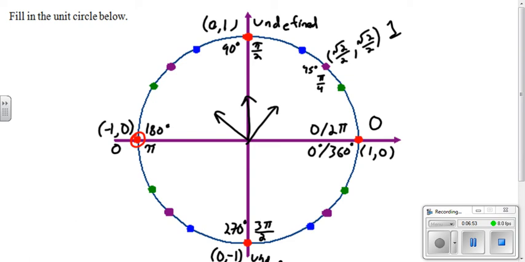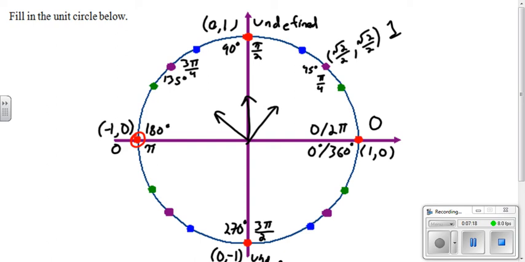We'll go another 45 degrees, and that lands us on this point. At this point, we know that it's another 45 degrees from where we were. So if we started at 90 and went 45 degrees, this is 135 degrees. So 135 degrees converts easily to 3 pi over 4.